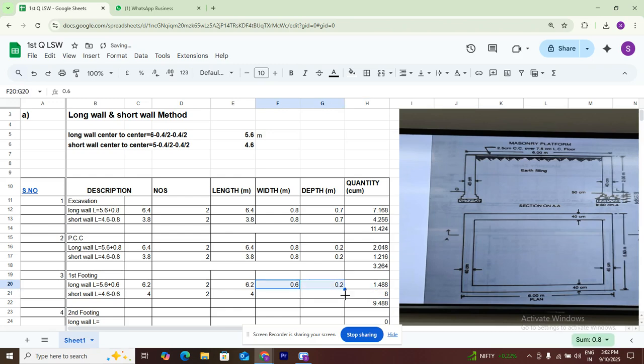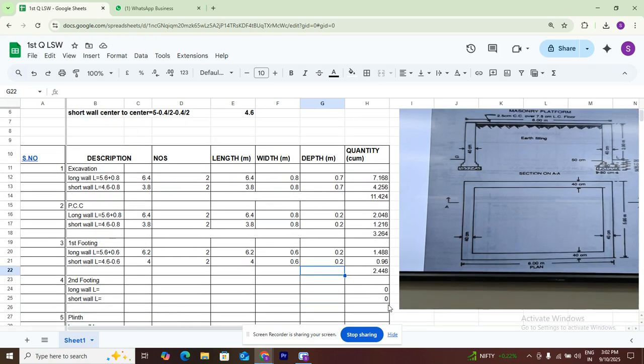That's why I'm copy pasting. Total quantity of the first footing is 2.44 cubic meters. The second footing is 50 centimeters wide and the depth is 10 centimeters. Okay, second footing. Now the center of the long wall remains at 5.6 meters, and we need to add 0.5, the width of the footing.